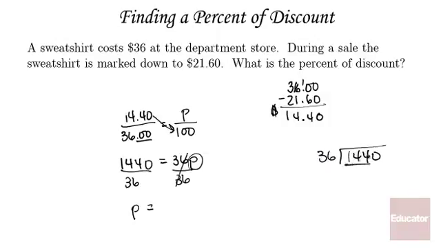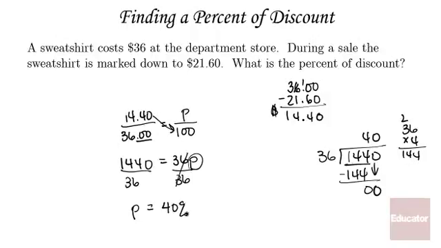It'll go into 144, I would say about maybe 5 times we could try, or maybe we could try 4 times. 144, yeah, that looks good. And don't forget about this last 0, that's important. It'll change your answer from being 4 to 40. So the percent of decrease is 40%.